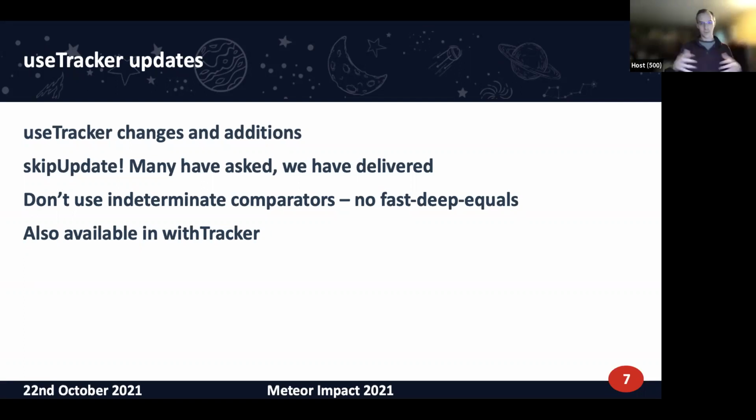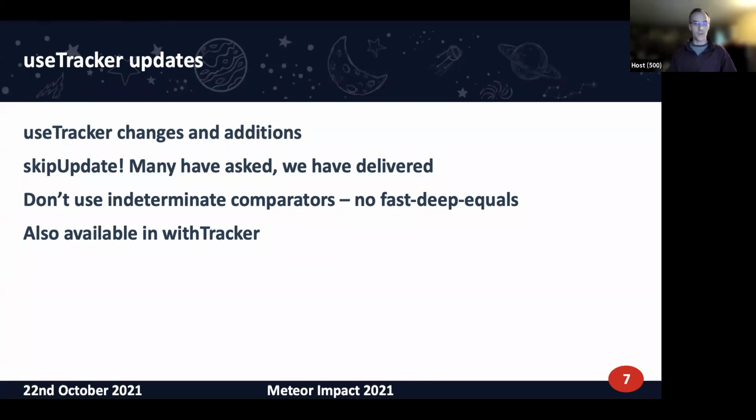The React team has spent a lot of time and effort in making sure that their render pass and reconciliation passes are very, very fast. They are cautioning against using fast deep equals to try to get around issues of reconciliation. It's better to work with the React tools the way they're designed and not try to outsmart the React developers.